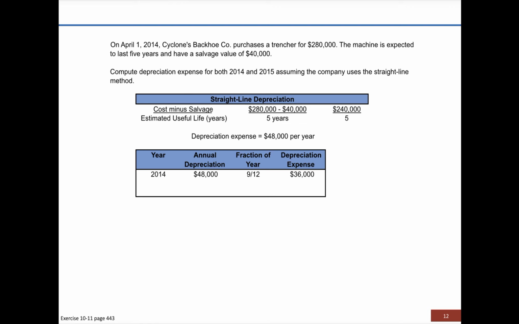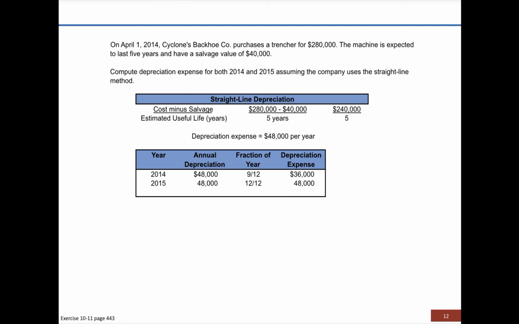The rest of the years will still go the same way, except obviously the 3 months you didn't recognize would bleed over into that last year when you're recognizing the final amount of depreciation expense.